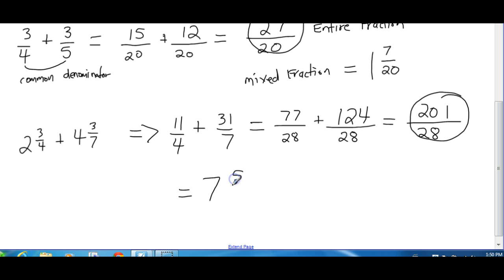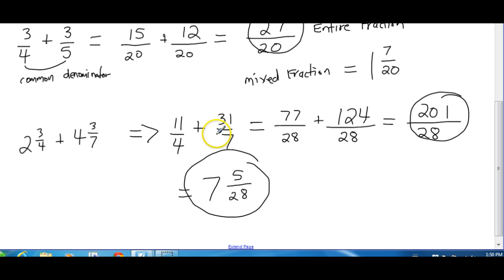There's 5 left over, over 28, because I don't change my denominator. So if I was going to add these two numbers together, 2 3/4 plus 4 3/7, my answer here is 7 5/28. And that's how we add fractions together.